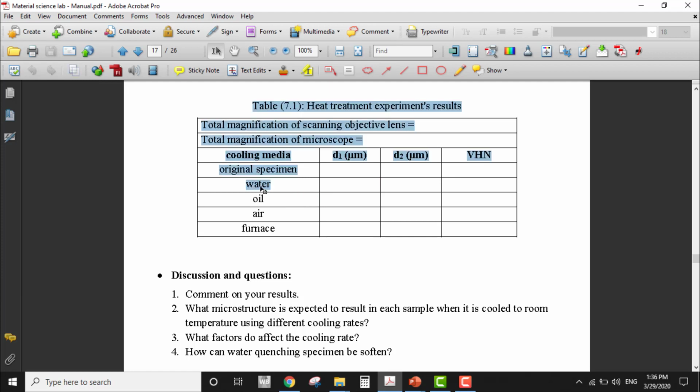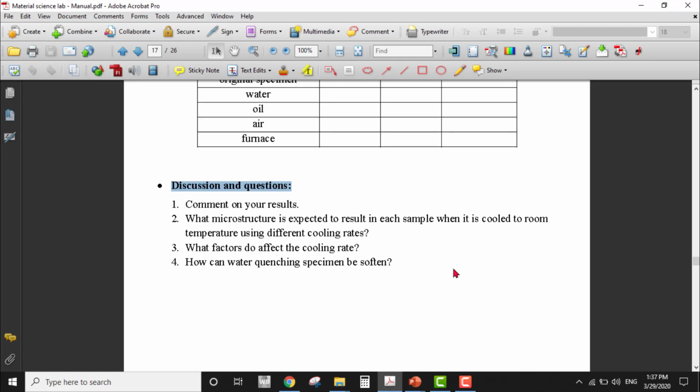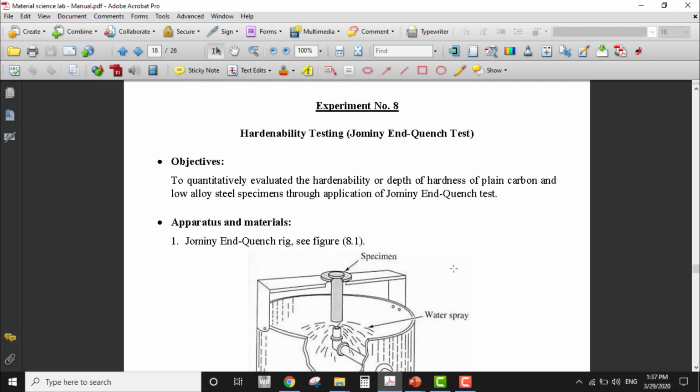We'll do the same for water, oil, air, and furnace. Here are the 4 specimens, and this is specimen number 5, which will not get any heat treatment. So those 4 will get heat treatment, and this one will not, and we'll compare between them. You need to answer those questions. So that's it for experiment number 7, and we'll talk about experiment number 8 in the coming video.